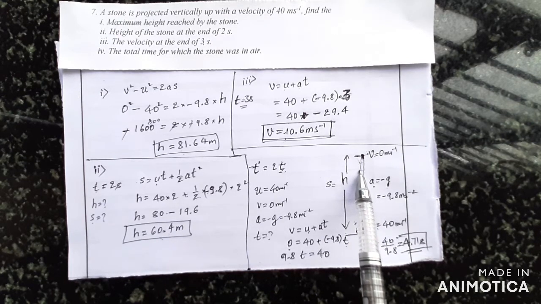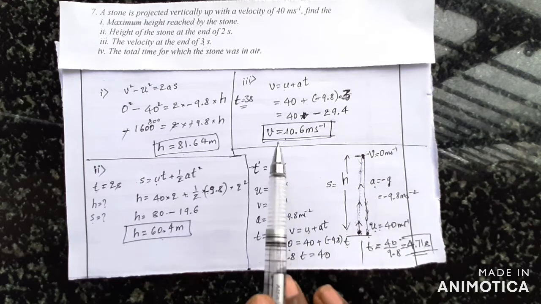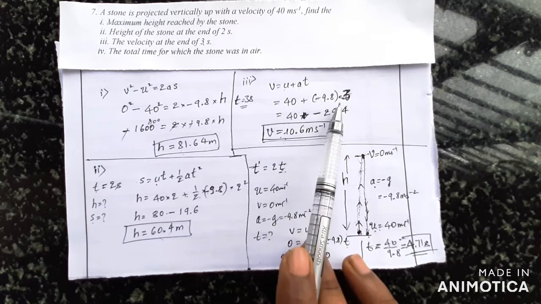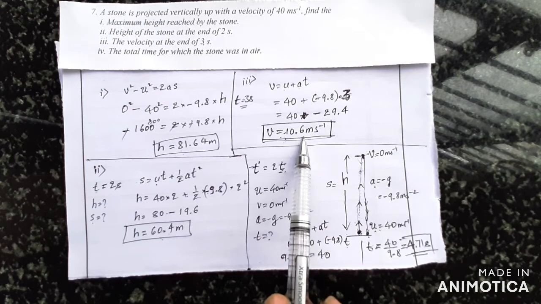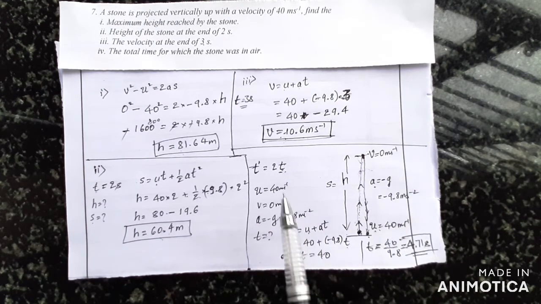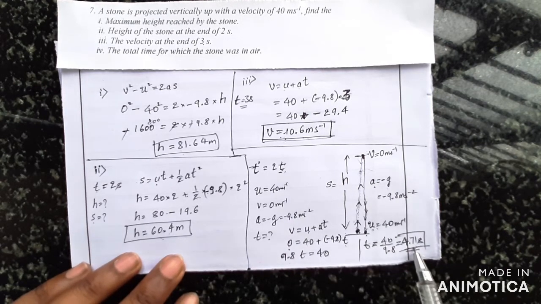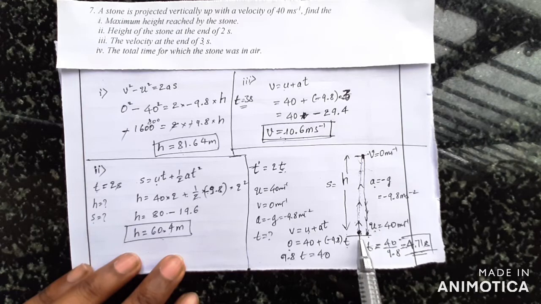Somewhere here it will be after 2 seconds, and velocity after 3 seconds will be 10.6 meter per second. Now, sorry for that. See, this is the time, 4.71 seconds is the time taken by the body to reach the top from the bottom.